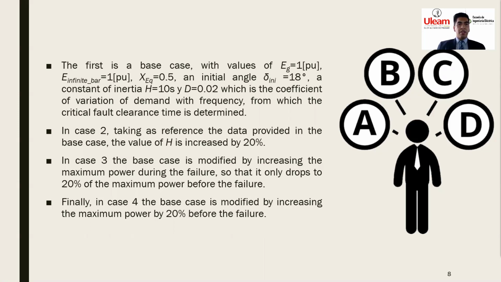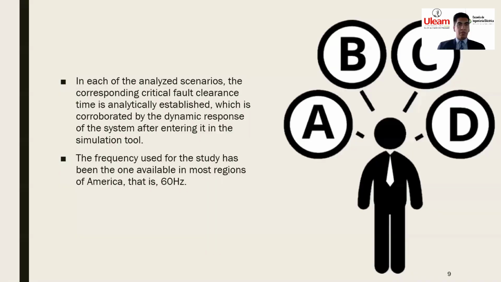In case 2, taking as reference the data provided in the base case, the value of H is increased by 20%. In case 3, the base case is modified by increasing the maximum power during the failure, so that it only drops to 20% of the maximum power before the failure. Finally, in case 4, the base case is modified by increasing the maximum power by 20% before the failure.